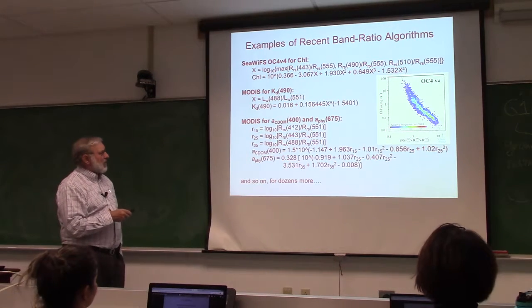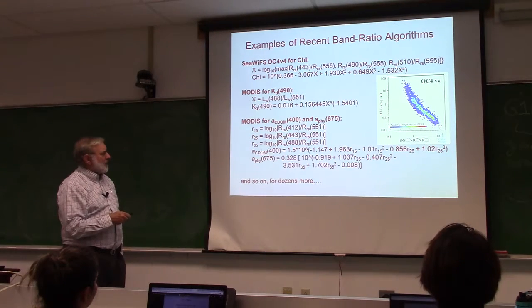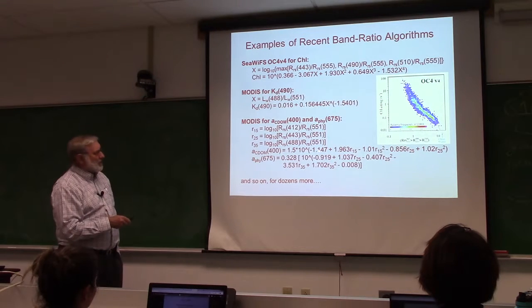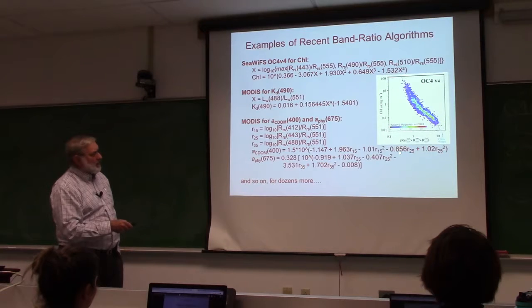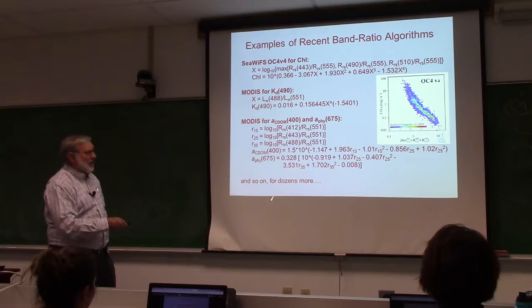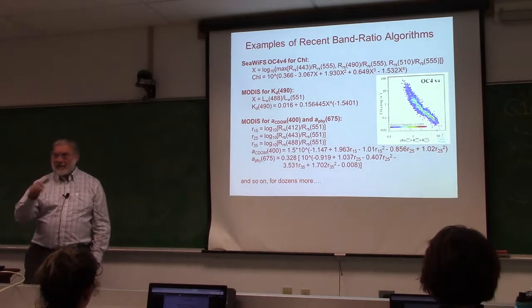They've got several ratios here of one band to another. Then the CDOM algorithm says you take this little function of the band 1 to 5 ratio and that's squared, and then the band 2 to 5 ratio and that's squared, and then there's the phytoplankton absorption at 675, another little function.